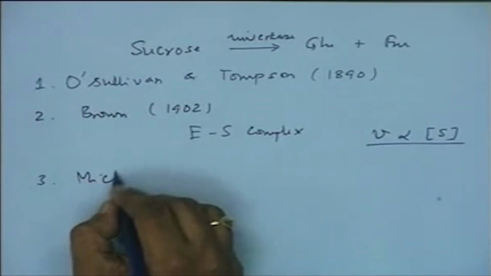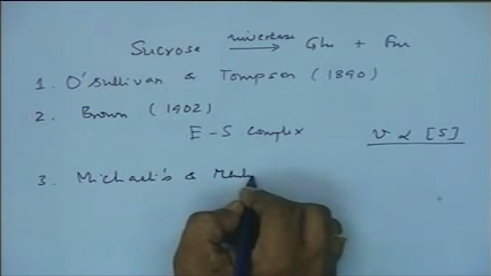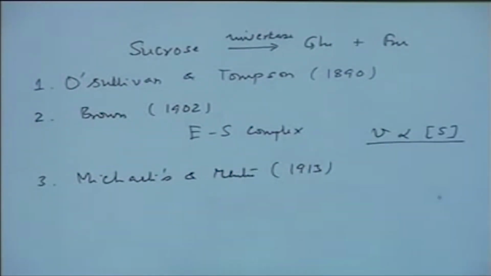Then of course, the major breakthrough in enzyme kinetics was Michaelis and Menten. As early as 1913, you imagine that at that time we had great limitation of analytical methods. In most cases, there were not very strong analytical procedures available to quantitatively measure the concentration of product.